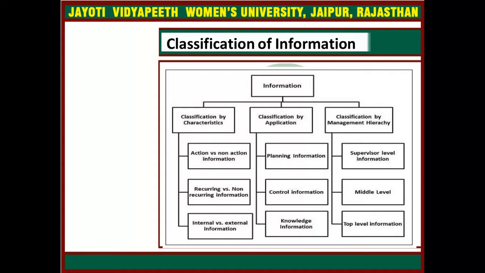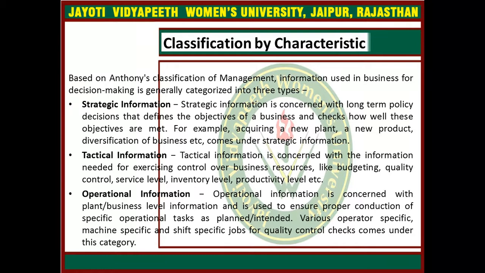Then comes the classification by management hierarchy: supervisor level information, middle level, and top level. This is the further classification of classification by management hierarchy. Now let's discuss one by one.